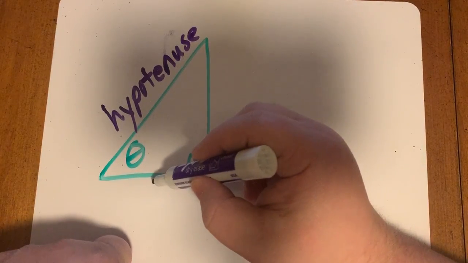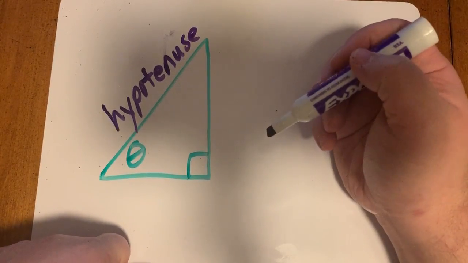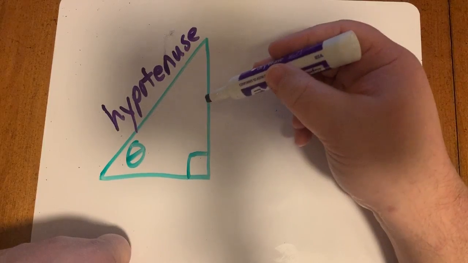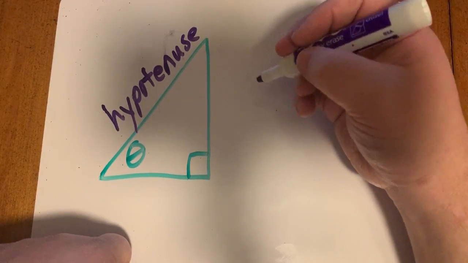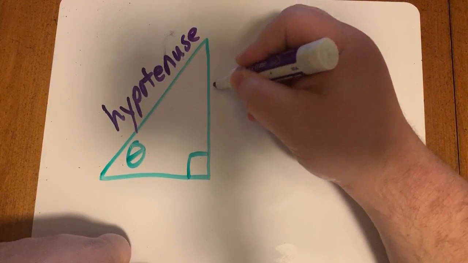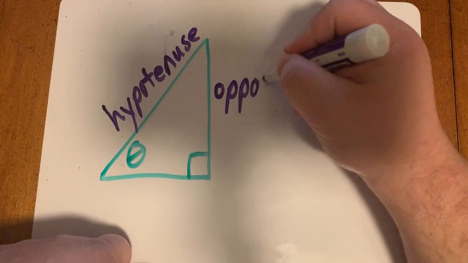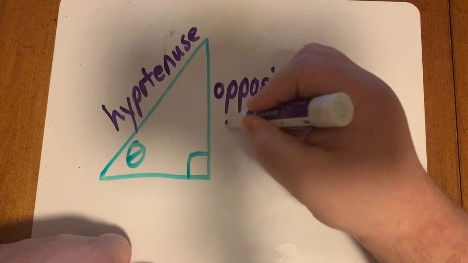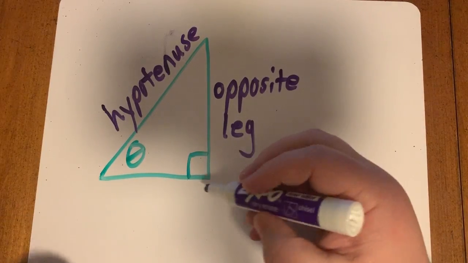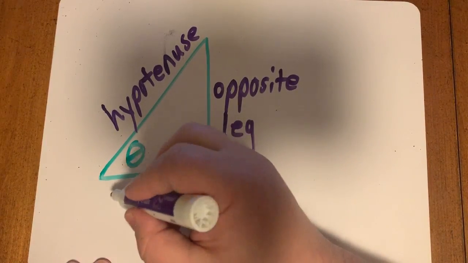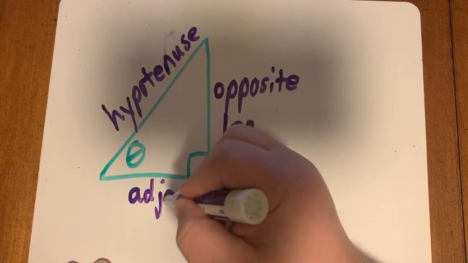One of the legs is touching the angle, the other leg is not. This leg that's not, it's across in the triangle, it's opposite from the angle. So that's our opposite leg. And then the leg that's touching it, this is our adjacent leg.